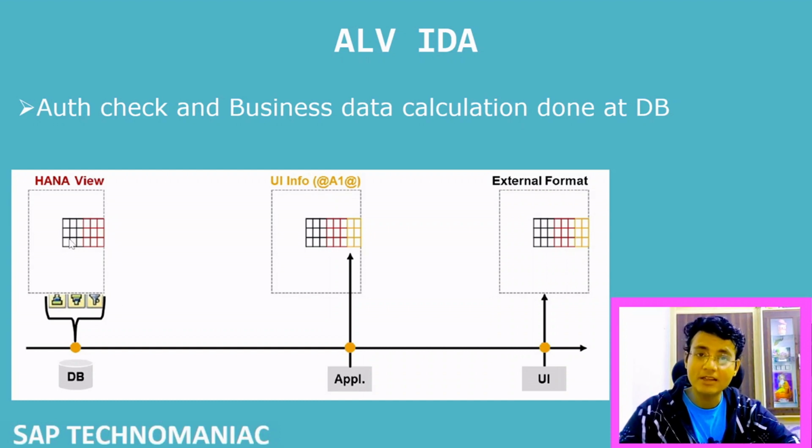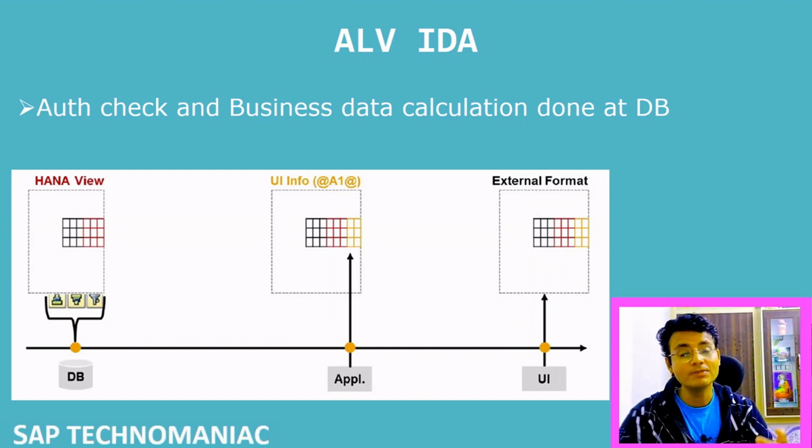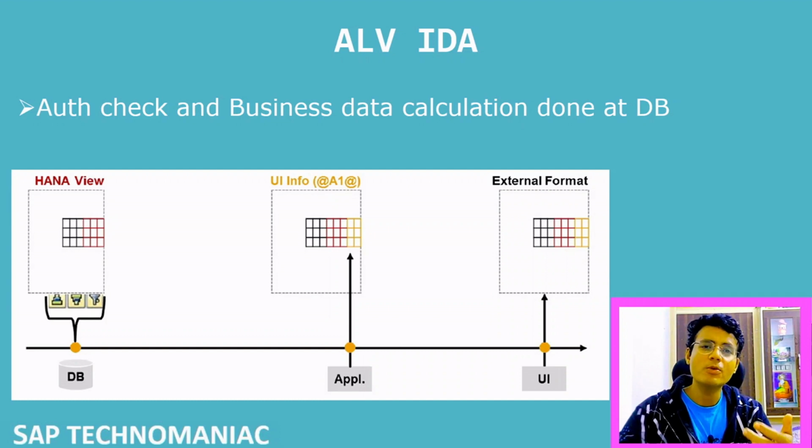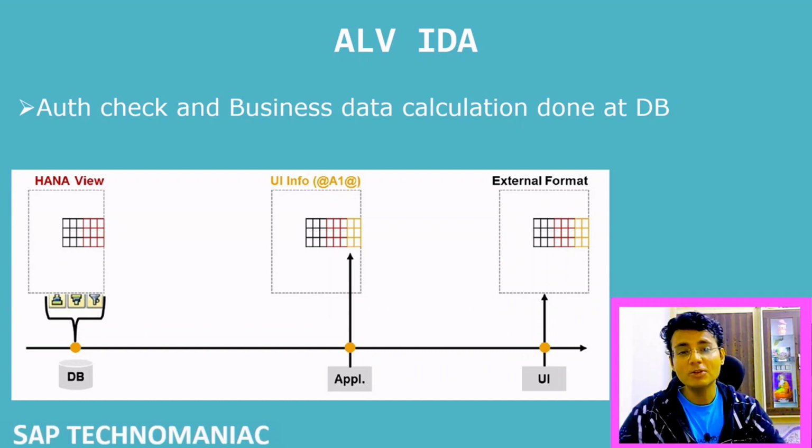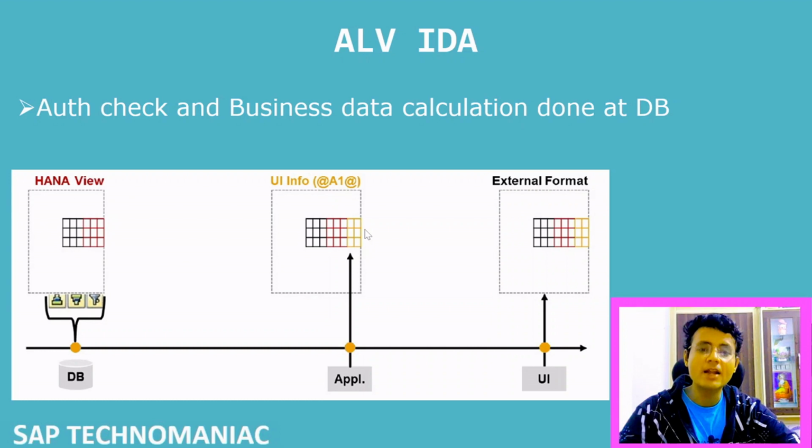Then we get the data to the application server, but we still add some UI related things there. If you want to add an icon or a link, those kinds of things we still do at the application server. Finally we display the data.